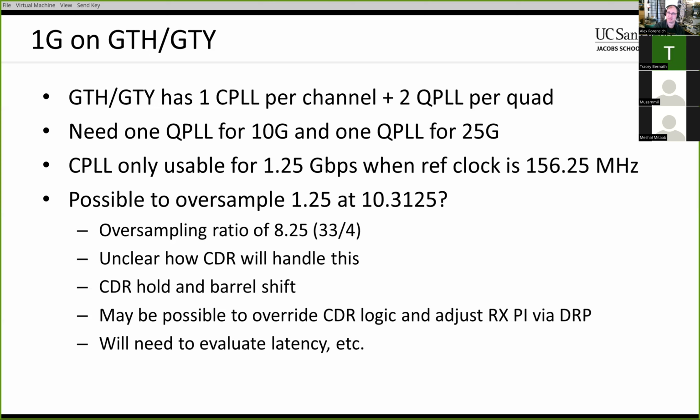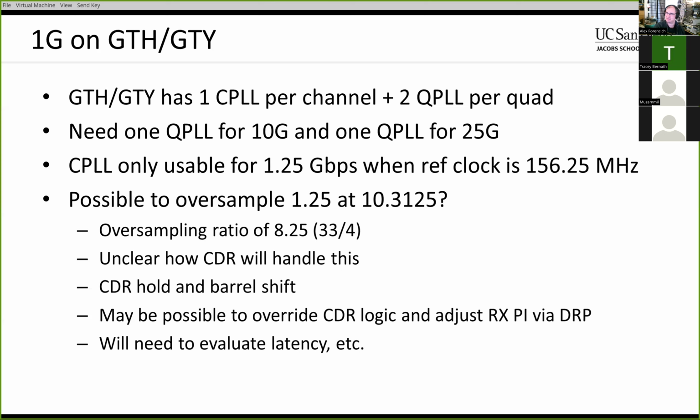Each quad has two QPLLs that are shared across the 4 channels, and each channel has its own internal CPLL. So for boards that support 10 gig and 25 gig, that uses up both of the QPLLs. You need one for 10 and one for 25. Also on the OCP White Rabbit NIC, we use one QPLL for 10 gig and the other QPLL for PCIe. So all of those are basically used in most cases.